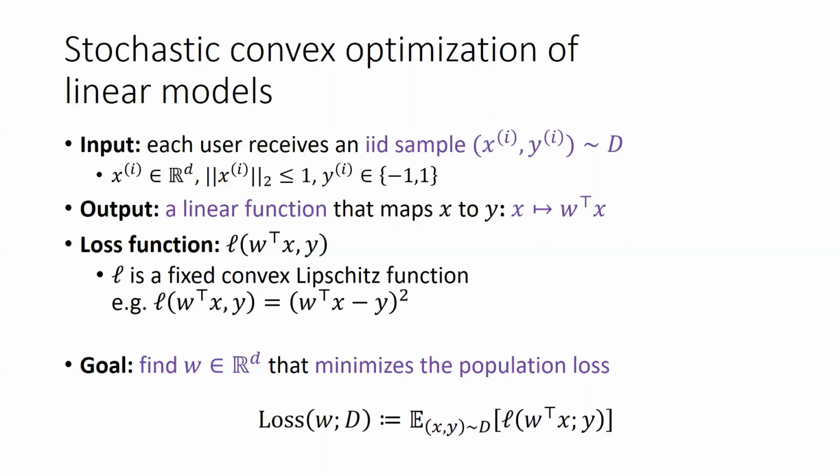We will assume that this function is both convex and Lipschitz, and for example, you can think of the squared loss. Finally, the goal of the algorithm is to find some vector W that minimizes the expected loss with respect to a random (X, Y) pair that is drawn from the distribution D.